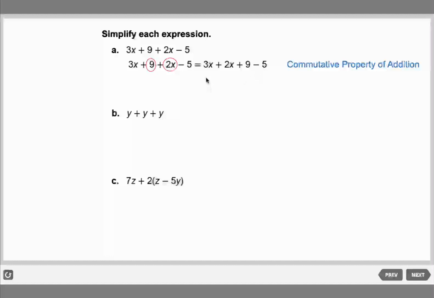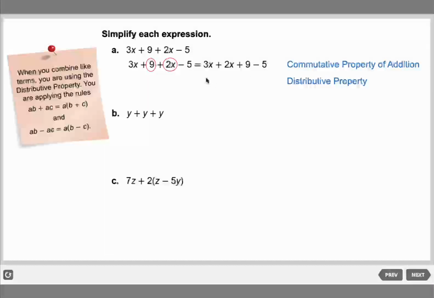Now, we'll use distributive property to combine 3x and 2x. So it will be 3 plus 2 times x. And we simplify this. 3 plus 2 is 5, and 9 minus 5 equals 4. So 5x plus 4 is the simplest form. Okay, let's see the next one.